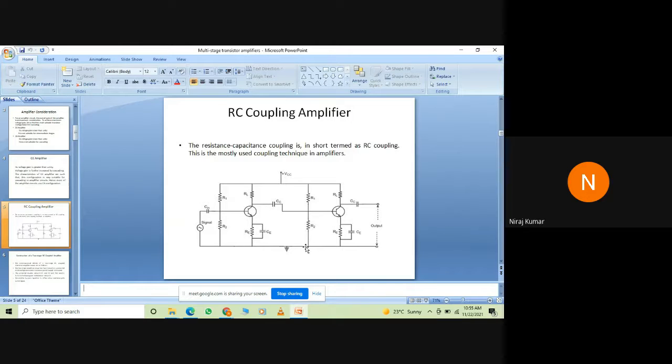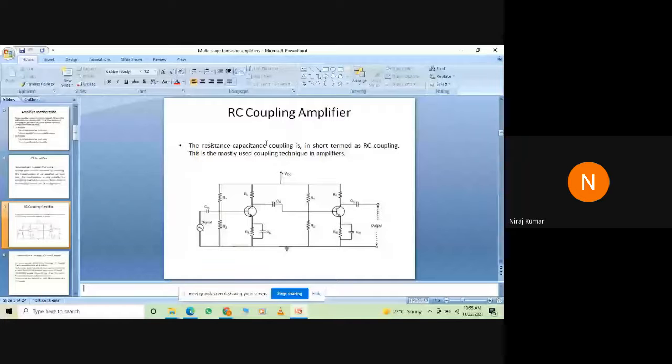So the first important coupling is the RC coupling amplifier. Resistance capacitance coupling is in short called RC coupling. This is the most commonly used coupling technique in amplifiers.